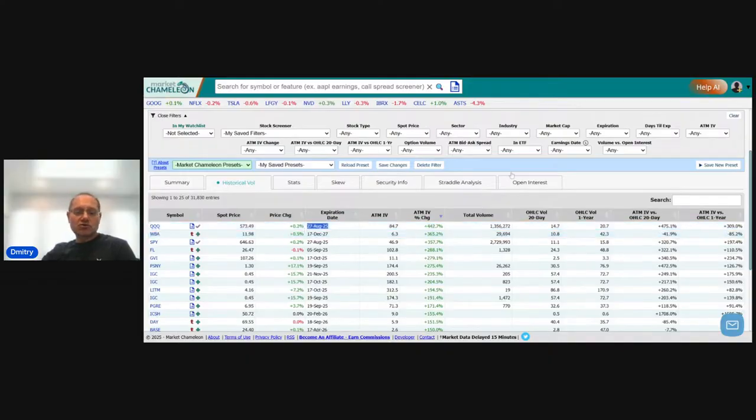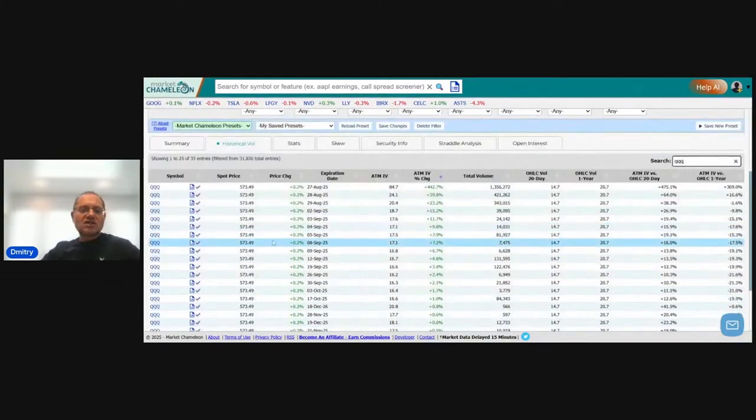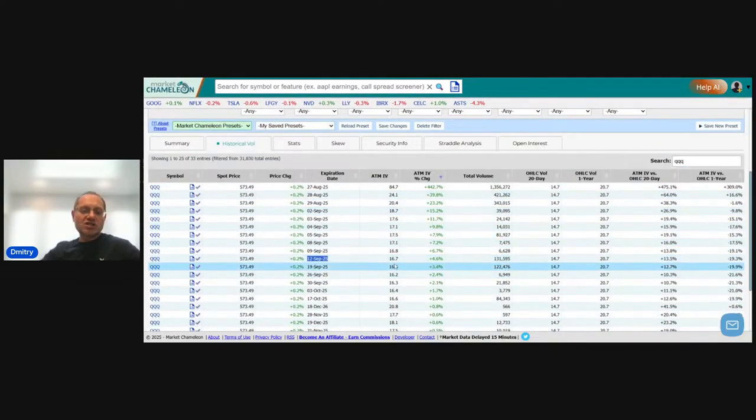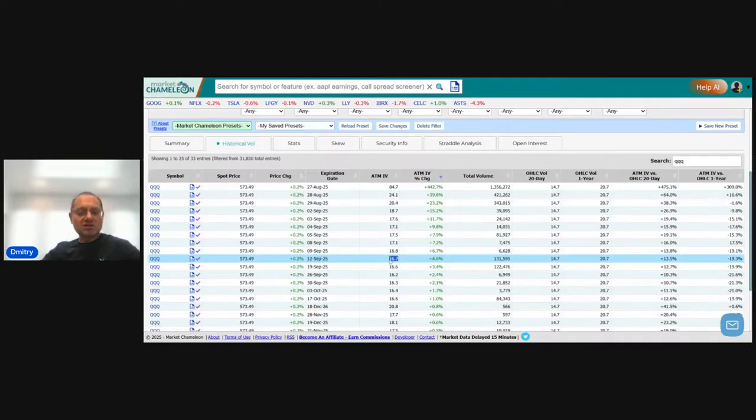So for example, QQQ, if I just put in QQQ here, you could see it has many different option expirations. And for each expiration, we'll have a different implied volatility, because the at-the-money IV could be different as you move from one expiration to the other. That expiration has different option volume.